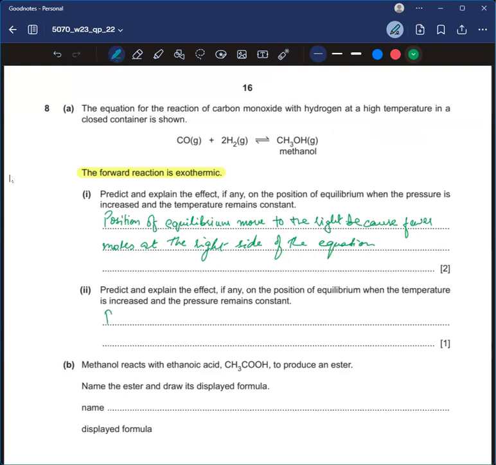I would write that position of equilibrium moves to the left, because forward reaction is exothermic. All right.